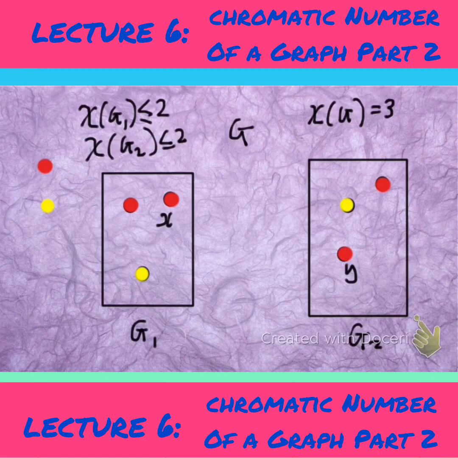But what I can do now is recolor G2, and I do this by permuting the colors. I take the color of Y away and color it yellow. Then I take the color of that vertex away and color it red.